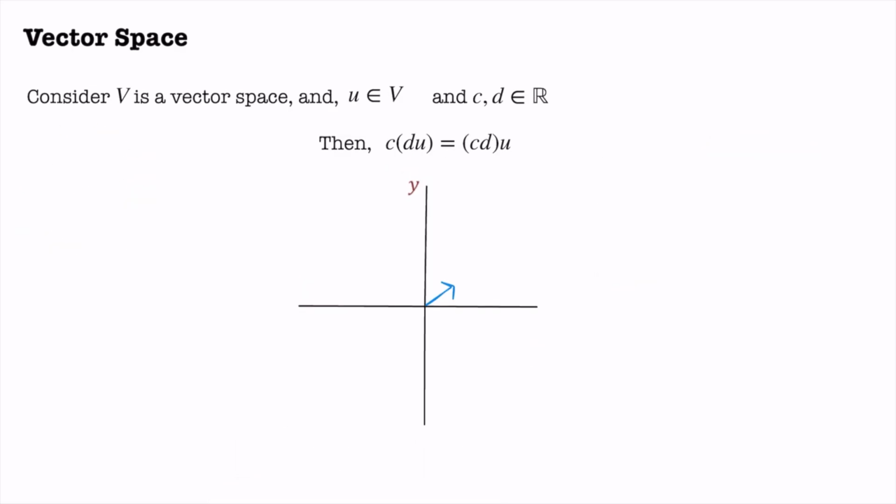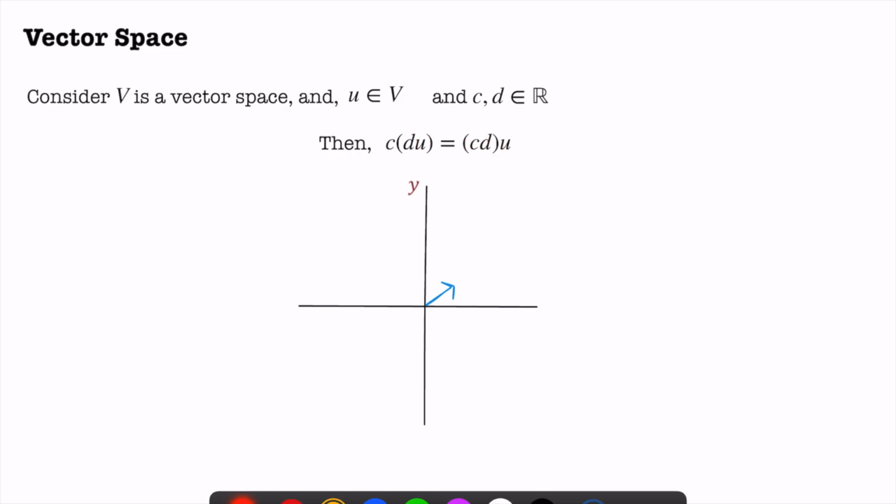Next, consider you have this capital V vector space and u is one vector, c, d are two scalars. Now we have in that case c multiplied by (du) equals (cd)u.